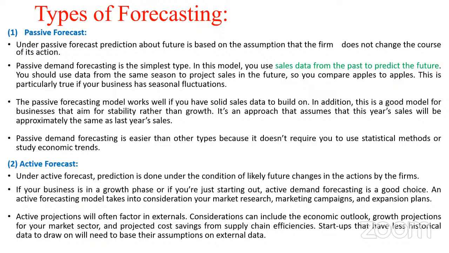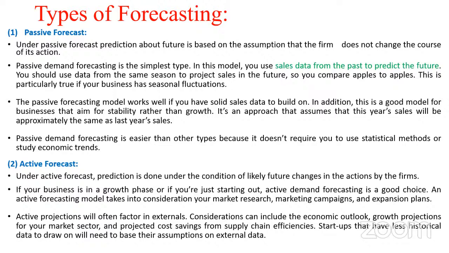An active forecasting method or model takes into consideration market research, marketing campaigns and expansion plans, because we know it is not fixed, rather it is dynamic, and the demand always fluctuates. It may be up or down. So on the basis of the dynamic situation, you are able to make the active forecast. But in the case of the passive, there is a static situation, no change in the demand and so on.